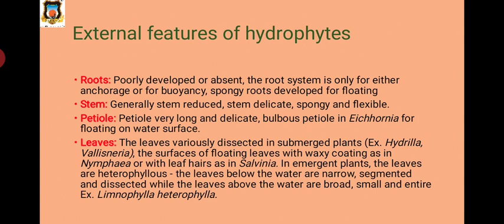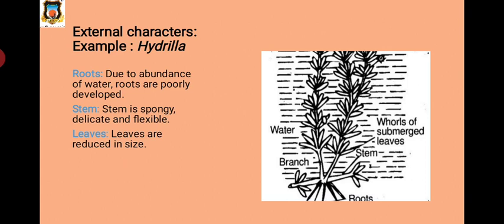The petiole is very long and delicate, for example in Eichhornia, for floating on the water surface. The leaves, for example in Hydrilla and Vallisneria, are variously dissected in submerged plants, and the surface of floating leaves has a waxy coating. The leaves are heterophyllous. One example is Hydrilla.